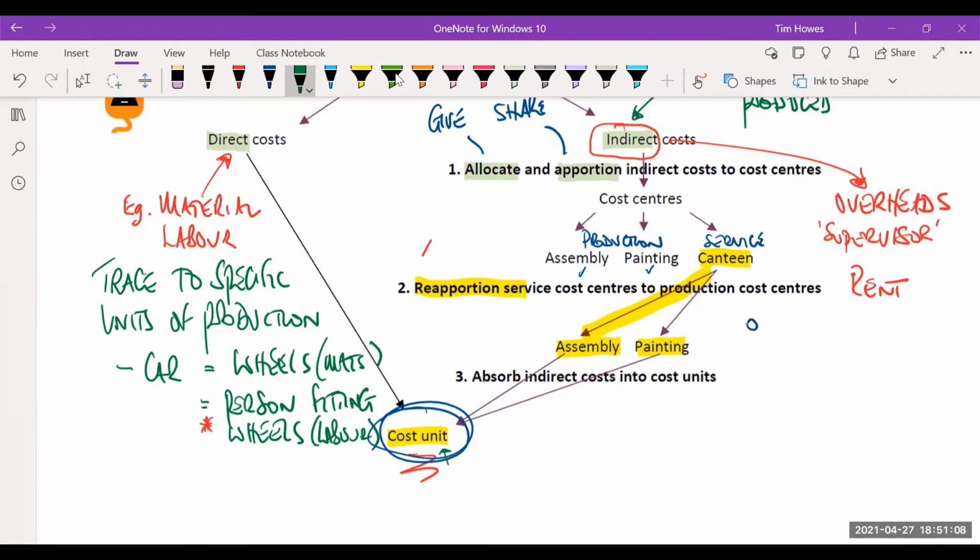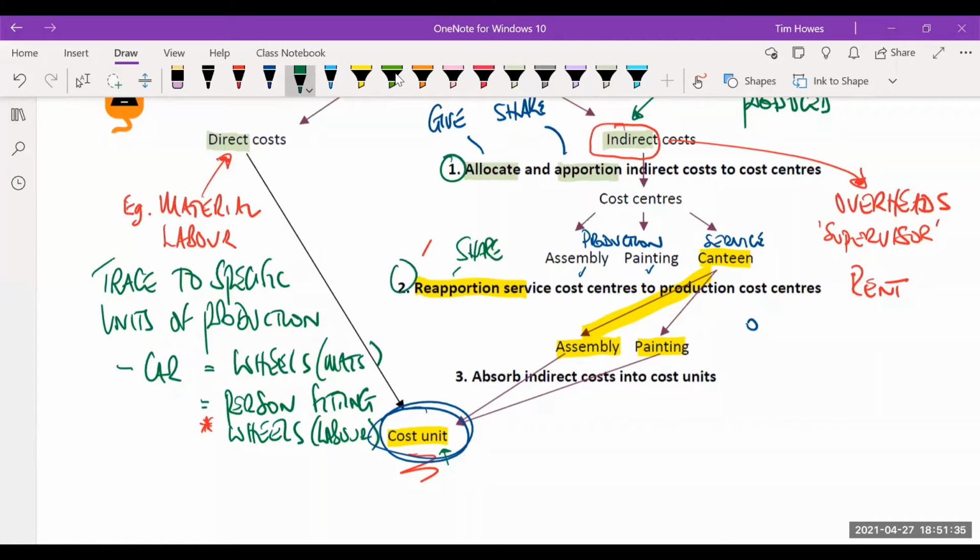So anything that is in the canteen, we need to reapportion, reshare to the assembly and the painting department on this illustration, so that when the units of production are in assembly, they're going to pick up some of the overall overhead cost. When they're in painting, they're going to pick up some of that overall cost.